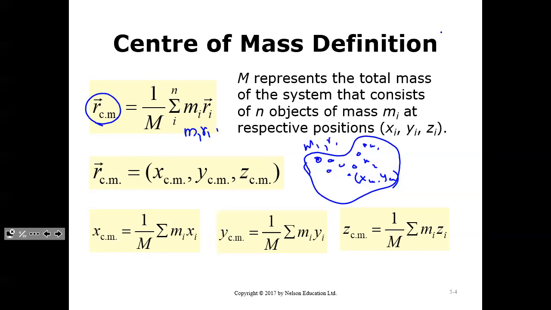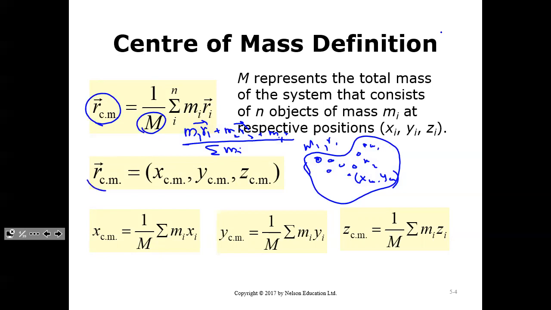So M1 R1 as a vector plus M2 R2 plus M3 R3 and so on, we add all of them, divided by the total mass M, or in other words, sigma Mi. M1 R1 plus M2 R2 plus M3 R3, add them all and divide by the total mass. That will give you the center of mass position of this extended object.